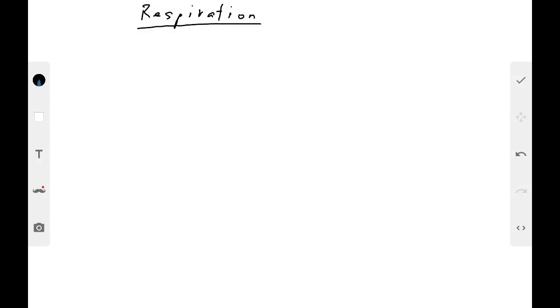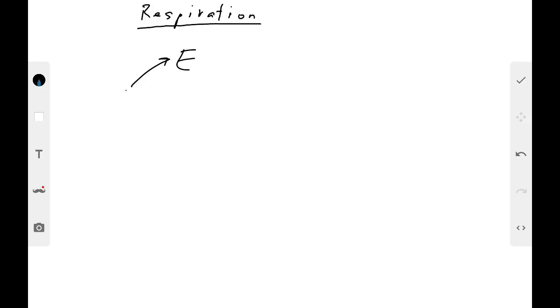Okay, we will speak about respiration. So the function of respiration is to saturate the cells and tissues with oxygen and to eliminate carbon dioxide. Oxygen is important because it oxidizes the organic molecules and releases energy.